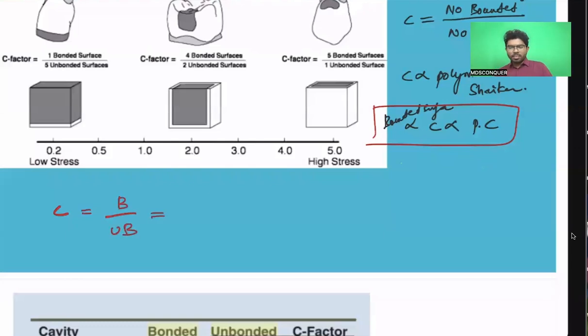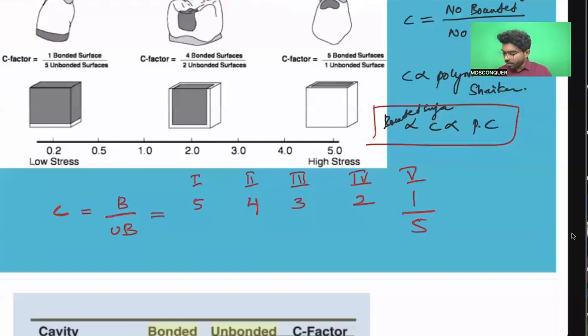As you know how the cavity preparations will be, you know the number of bonded areas and the number of unbonded areas, and you can come out with the exact value of C factor. No need to worry. Or else, simple way: class 1, class 2, class 3, class 4, class 5.